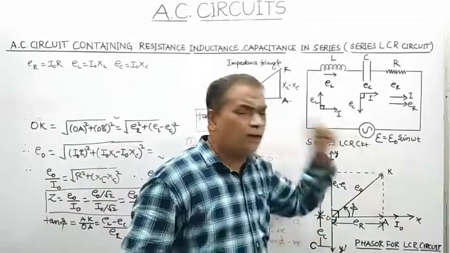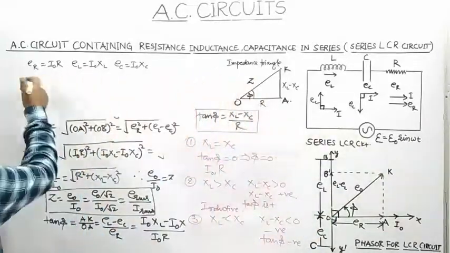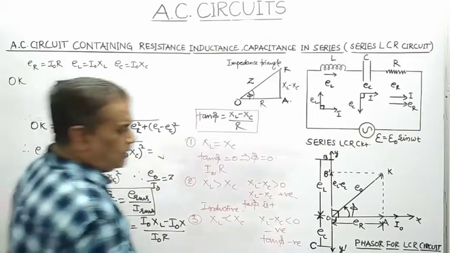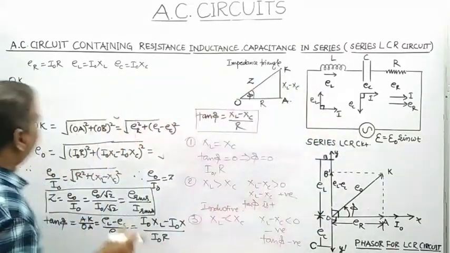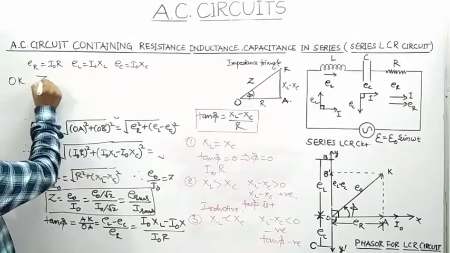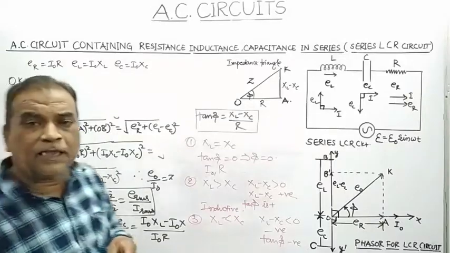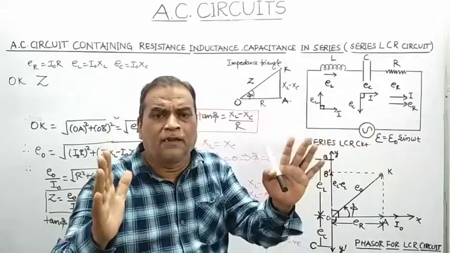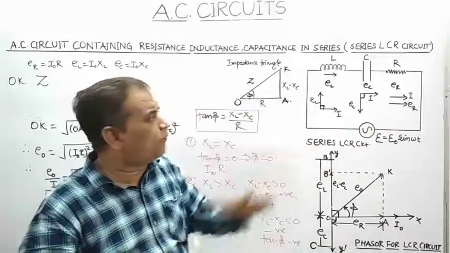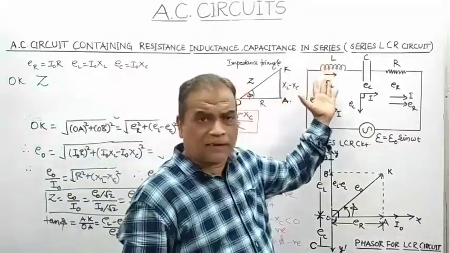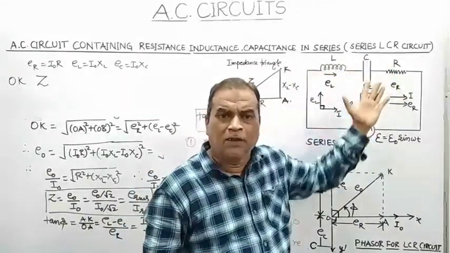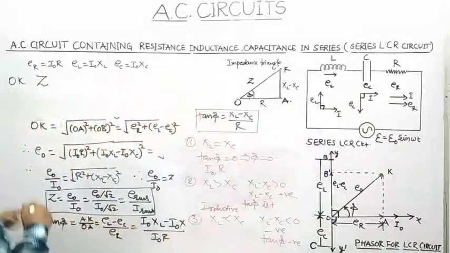So the diagonal OK, or hypotenuse OK, will represent the impedance. Impedance means what? It is the total opposition, the effective resistance offered by the series combination of inductor, capacitor and resistor to the flow of alternating current through them.